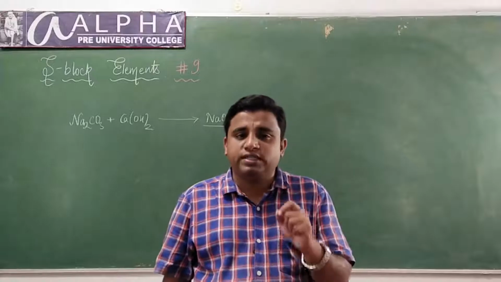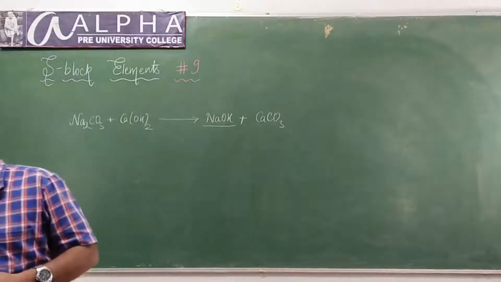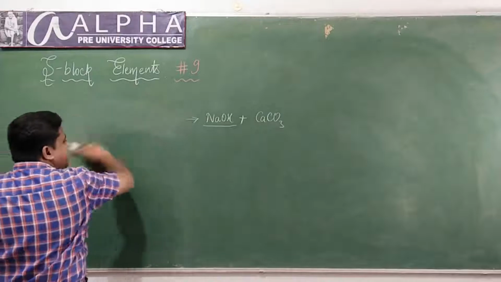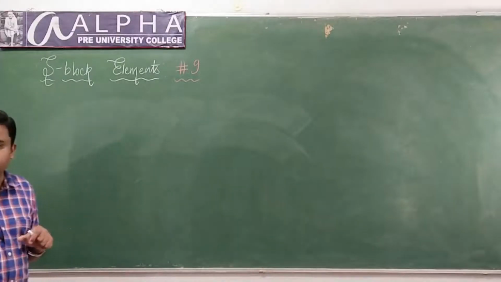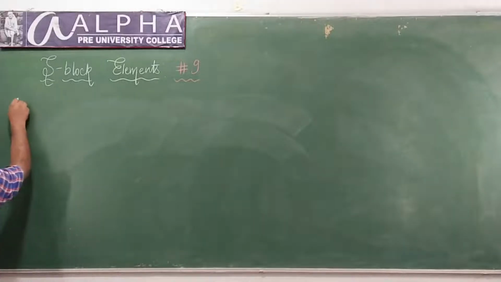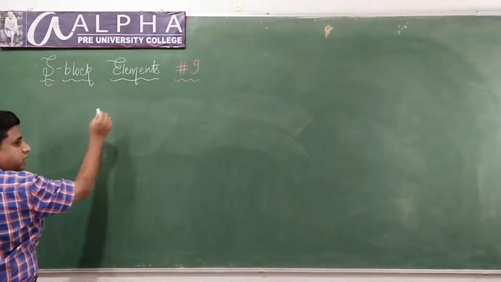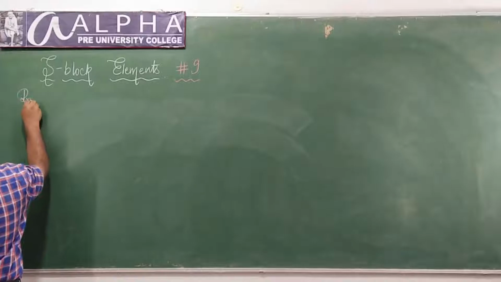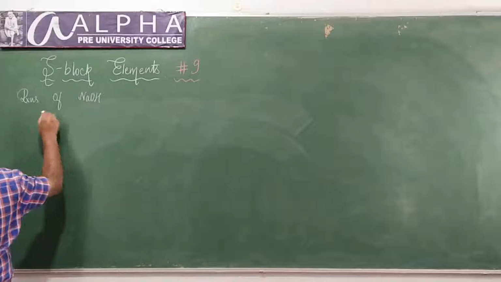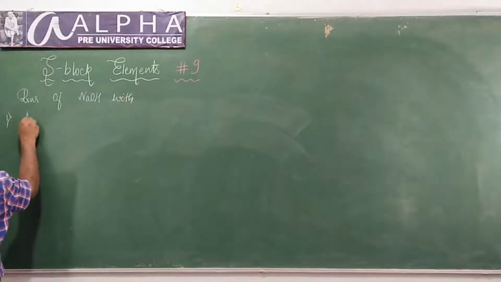Now we have to discuss the chemical properties of sodium hydroxide, which I listed in the last video. We have to discuss the reactions of sodium hydroxide, first, with amphoteric metals.